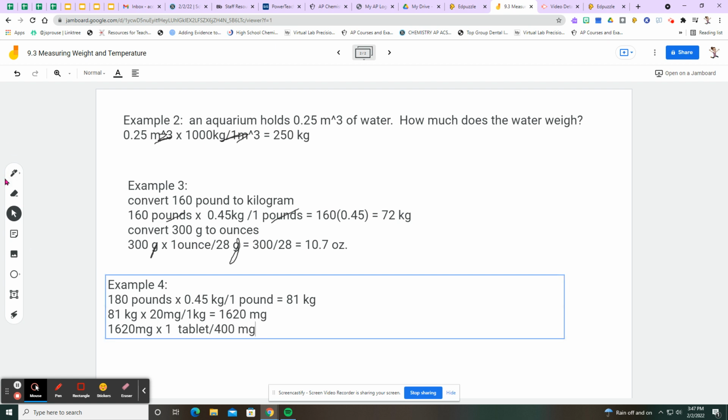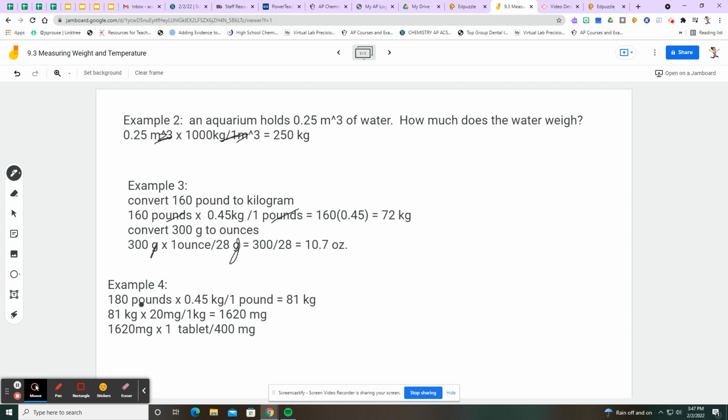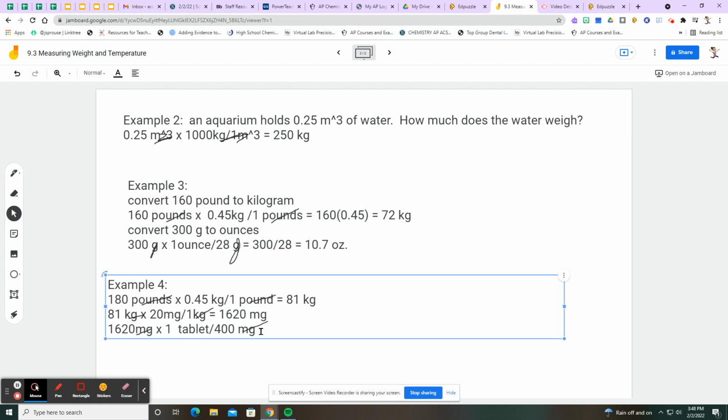In each one of these, my unit multipliers, everything's canceling out. Pounds and pounds, kilograms and kilograms, milligrams and milligrams. That's going to leave me with the number of tablets that that person will have to take every day, which is 4.05 tablets.